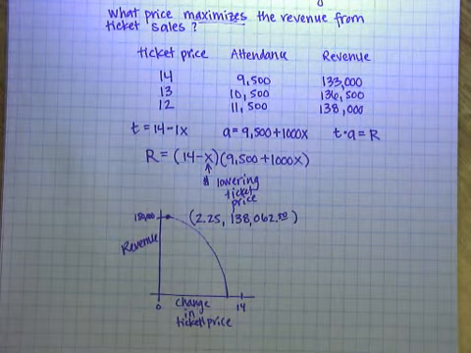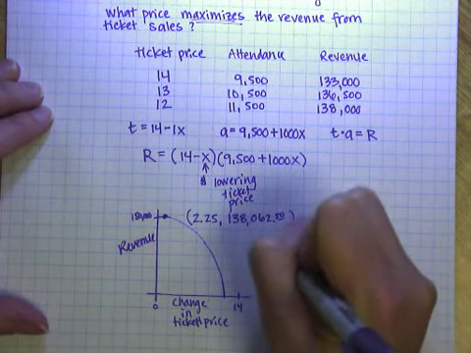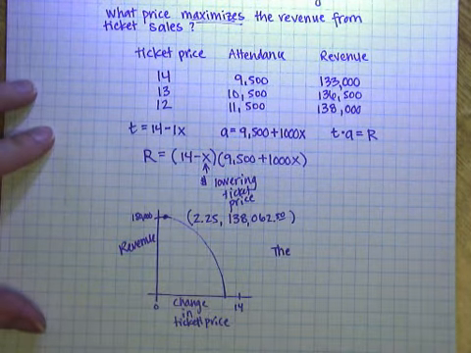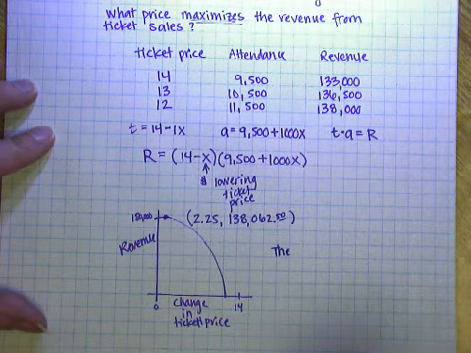Okay. And then the question says, what price maximizes the revenue? So for my final answer, it's always nice on problems like this to actually write your answer out in words. The ticket price, this is how much I'm lowering it by. So actually on my calculator, I need to go ahead and do 14 minus 2.25, so $11.75.